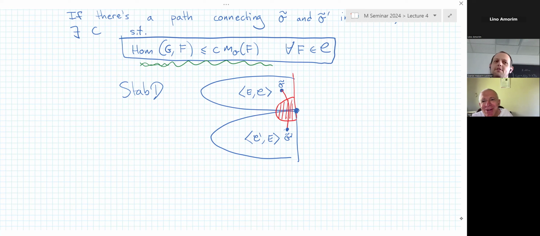I'm embarrassed to say that I haven't taken a close look at their paper. But I think that theirs is more specific to the case where stability manifolds can be identified with spaces of quadratic differentials or something like that.